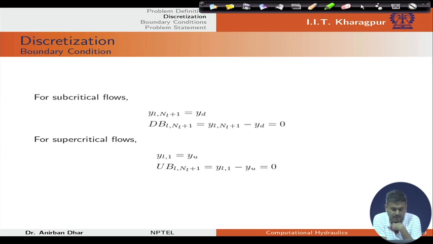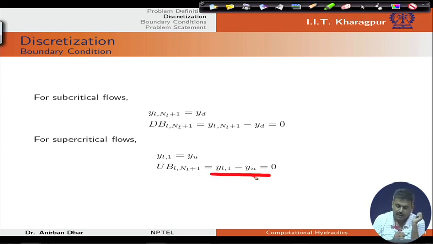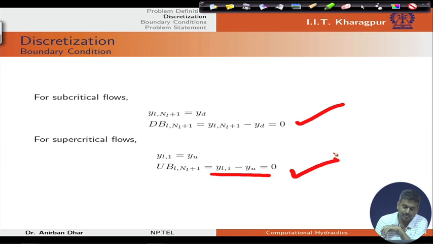Because we already have N L number of equations, this is the N L plus 1 equation in this case. So, Y L 1 equals Y U; this is for the upstream boundary condition, and the earlier one is for the downstream boundary condition.